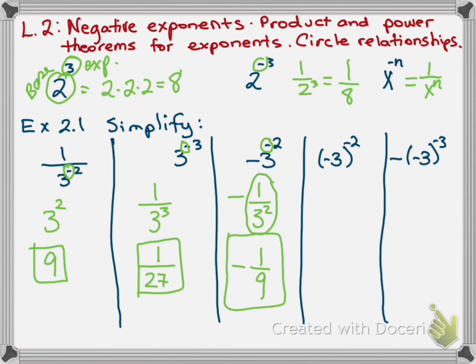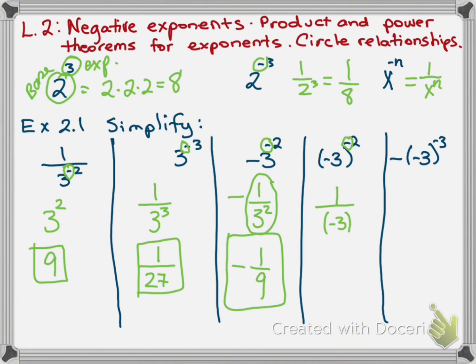Okay, let's look at the next one. Notice that the difference between this exercise and the previous one is the parentheses. You have to be very careful with that. And so in this case, we have negative 3 to the negative 2 power. And what we're going to do is we're going to use again the negative first. So the reciprocal of negative 3 in parentheses is negative 3 on the bottom.